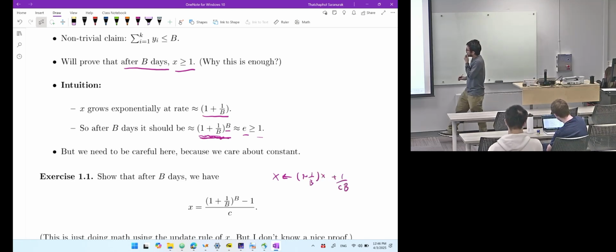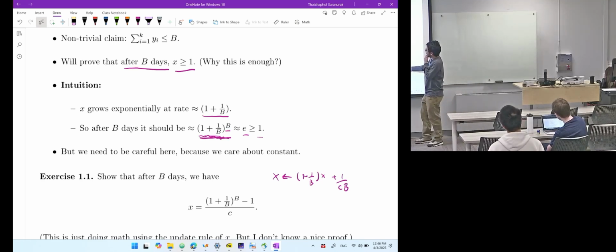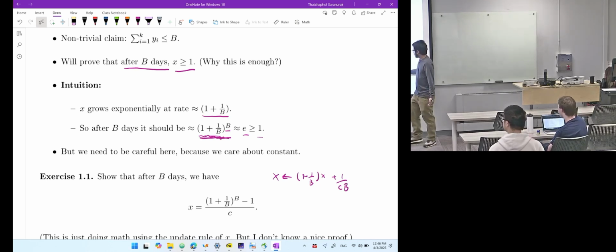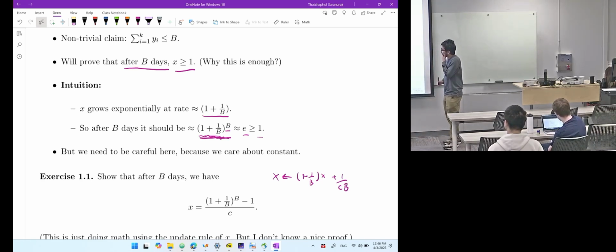If c is huge, then the additive factor here is small, so x should be small if c is huge. And if c is tiny, then x is big. So x is proportional to 1 over c. Anyway, we get this closed form.